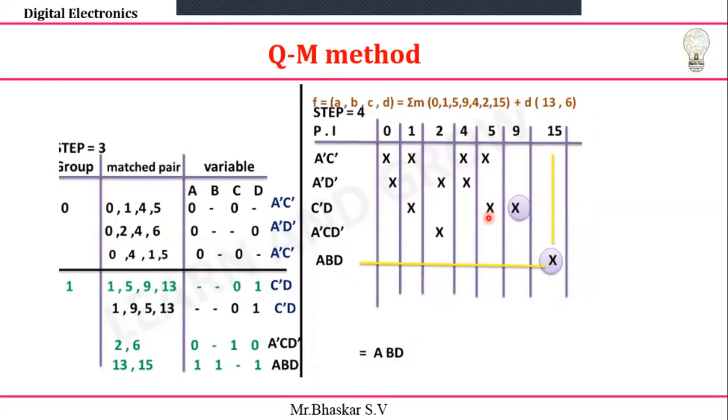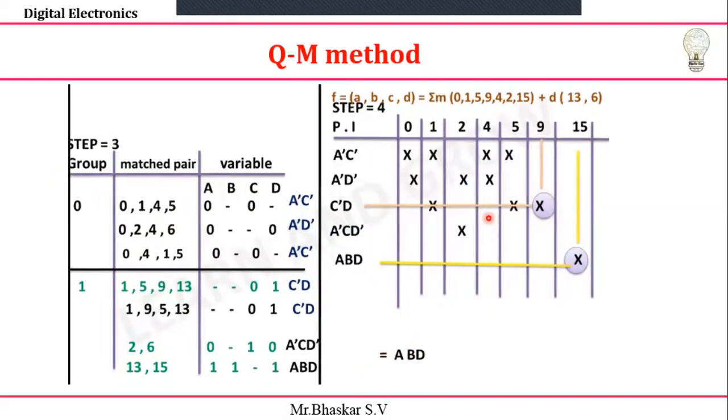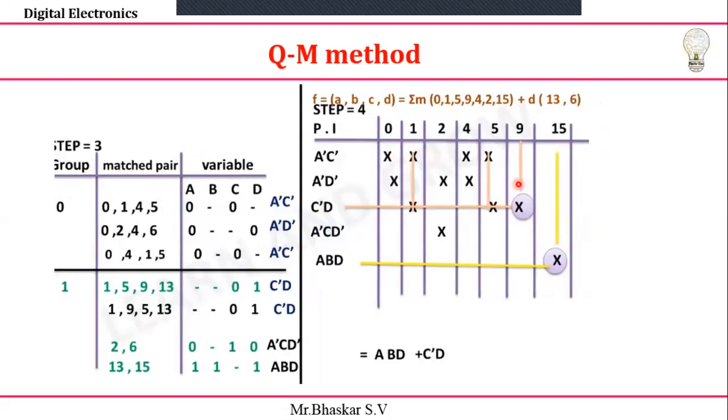Let's check that out. If I consider this, 9 is nothing but C dash D, so it is covered by this 9. So I'm going to write this one, and if I consider this 1 and 5, it will cover C dash D. Let's check it out. Once I consider this, this 1 and 5 will cover C dash D. Hope you understand. Again, I'm telling you, this one I'm marking because of that one, this row.